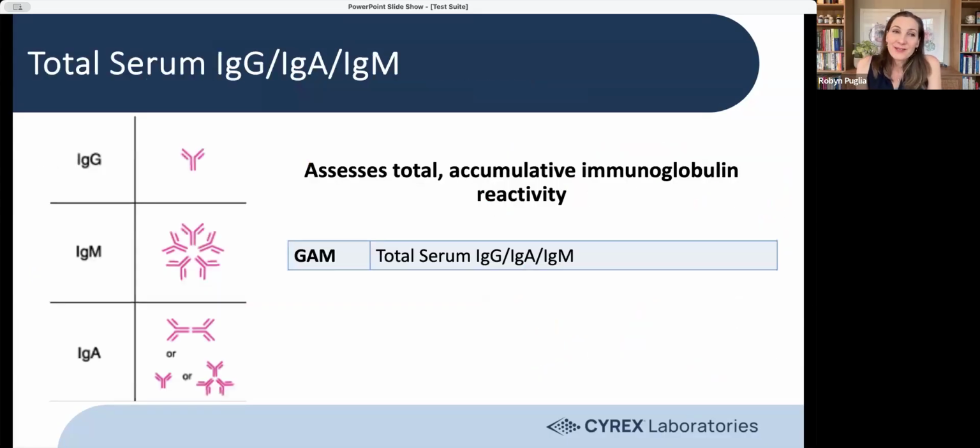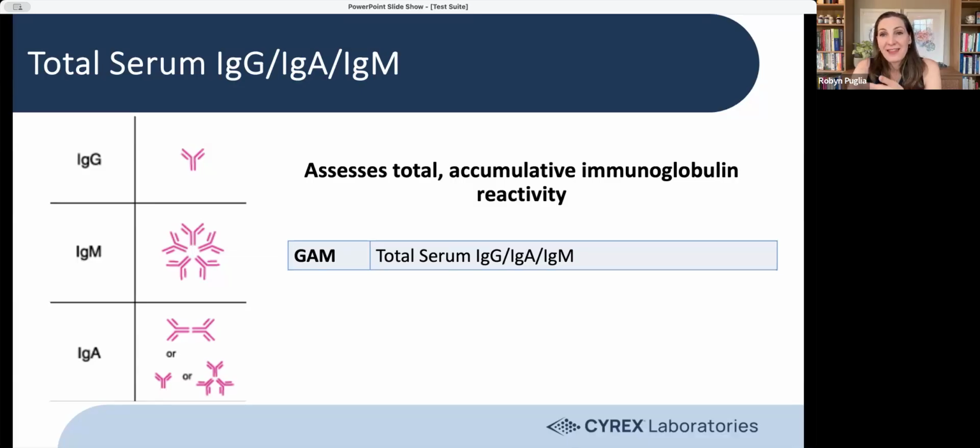And lastly, we also have total immunoglobulins. This is also called the GAM panel. So it is an assessment of total IgG, total IgM, and total IgA. This test can be run independently or alongside any of the other panels.